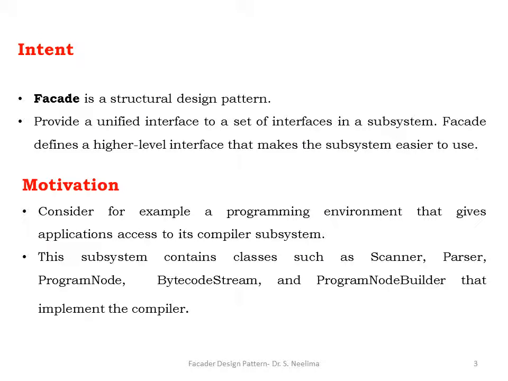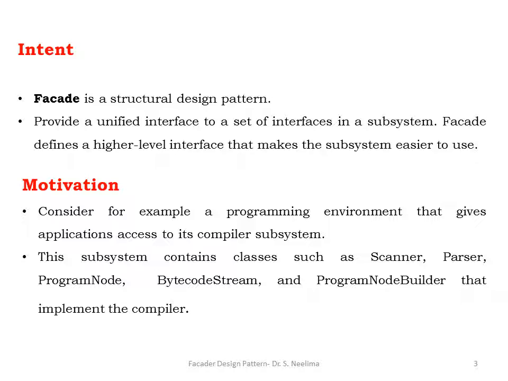So the main intent of the facade design pattern is to provide a unified interface to a set of interfaces in a subsystem. This facade also defines a higher level interface that makes a subsystem easier to use. That means this pattern provides a simplified interface to a library or framework or any other complex set of classes.